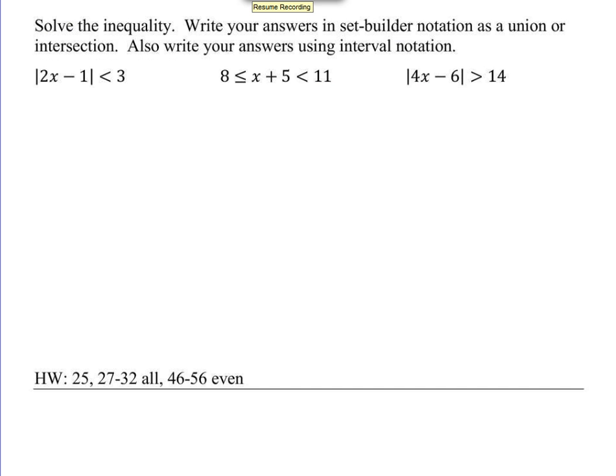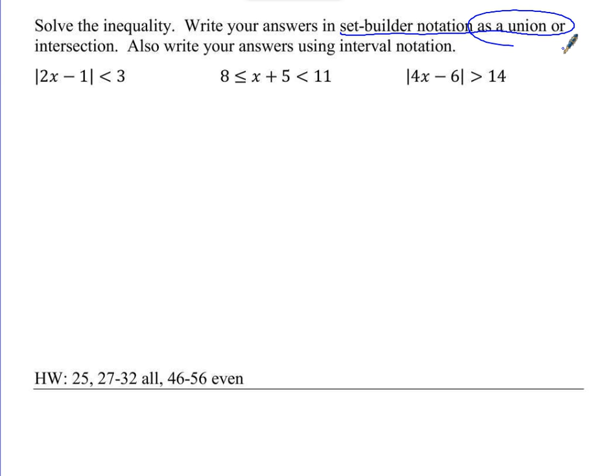All right. We have one last thing we need to do in this section. We're going to solve the inequality. So these are absolute value inequalities. This takes us back to the previous section. Write your answers in these notations. We have set builder notation, but now as a union or intersection.